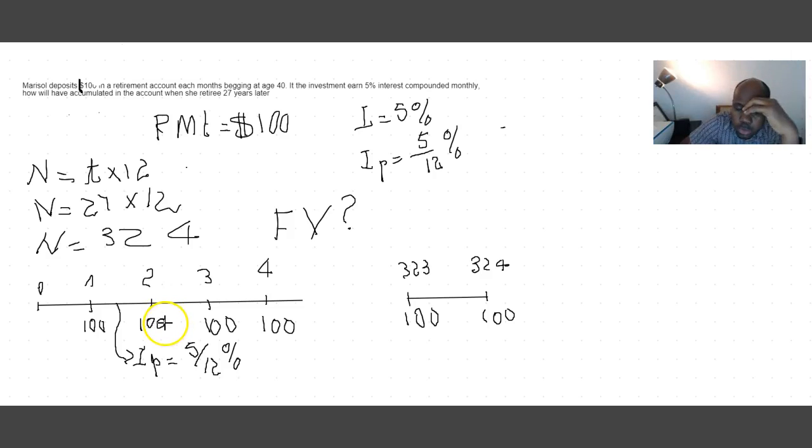One way to do this, which involves a lot of work, is to compound the interest.